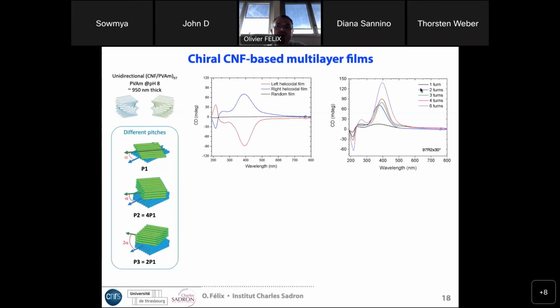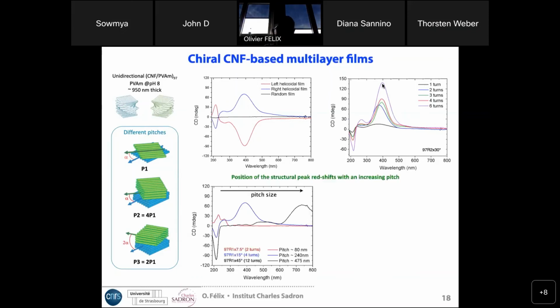Then you can also vary the number of turns. And you can see that when you're increasing the number of turns, you are increasing the intensity of your CD signal. You can also vary the pitch size. When you're increasing the pitch size, you see a red shift of the maximum of your peak, that means going to the right.